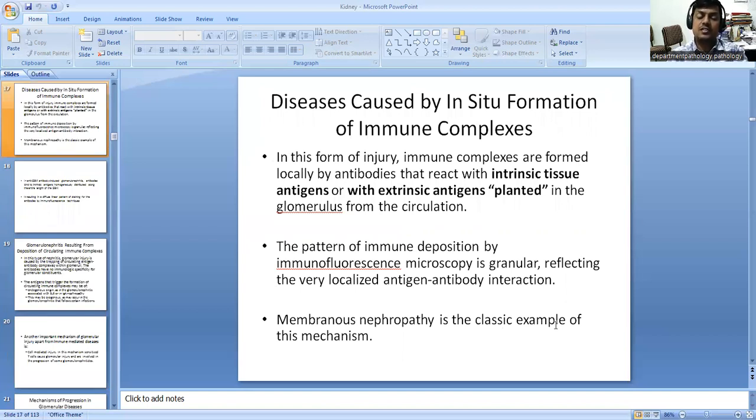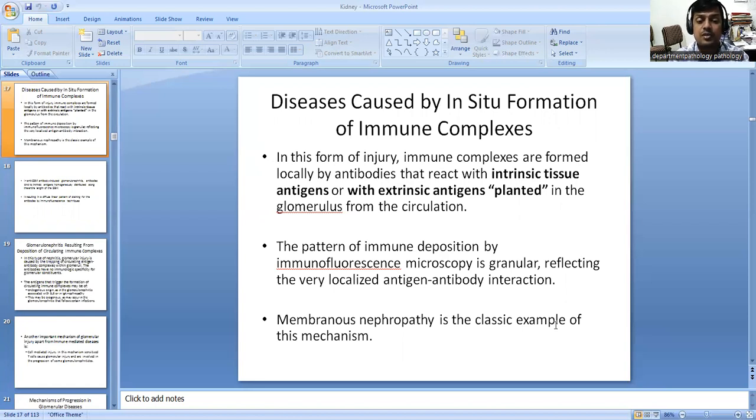Diseases caused by in situ formation of immune complexes. In this form of injury, immune complexes are formed locally by antibodies that react with intrinsic tissue antigens or with extrinsic antigens planted in the glomerulus from the circulation.